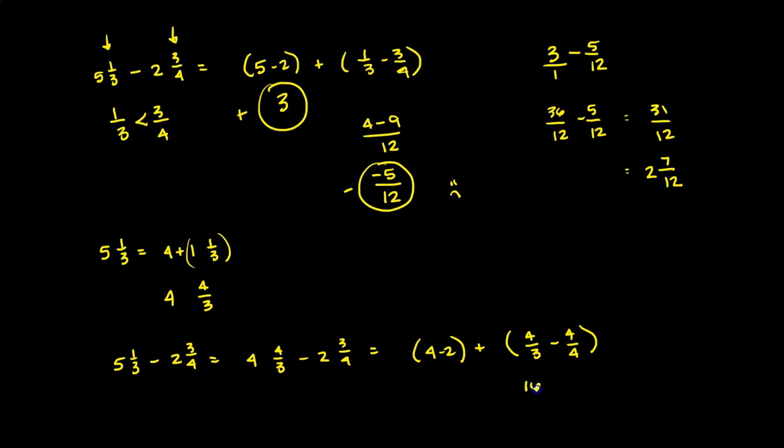This would become 16 minus 9 over 12. That would be 7 over 12. And then the whole numbers, 4 minus 2 is 2. So it'd be 2 and 7/12. We get the same answer, 2 and 7/12.